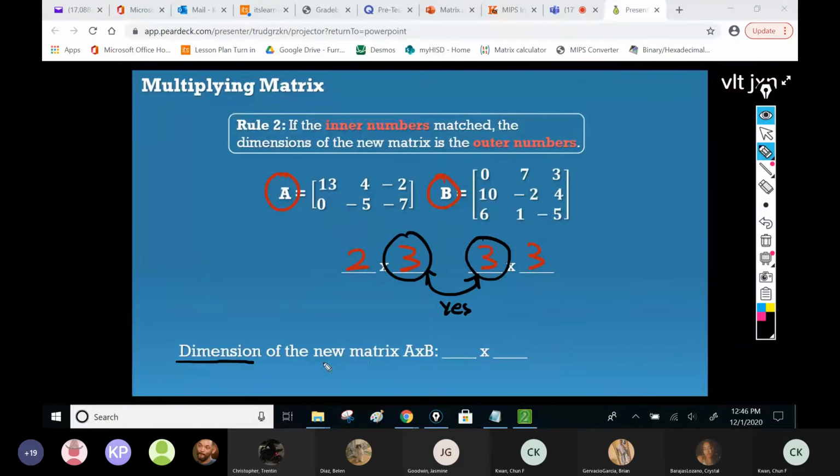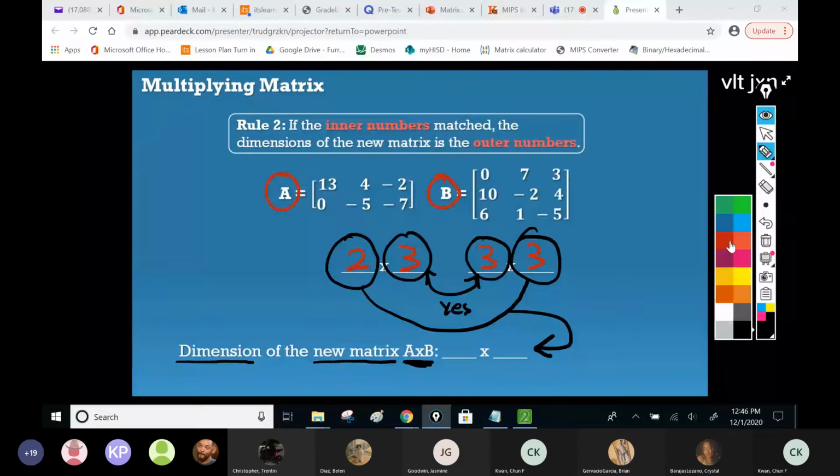The dimension of the new matrix after you multiply A and B is going to be the outer numbers, which are 2 and 3. So the new matrix is going to be a 2 by 3 matrix. That is how big the new matrix is.